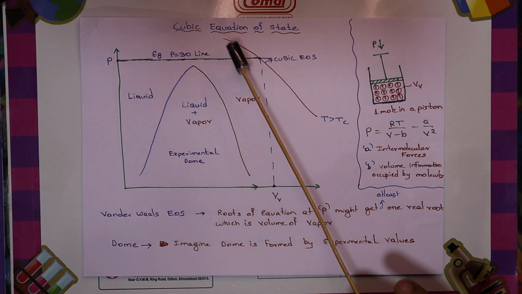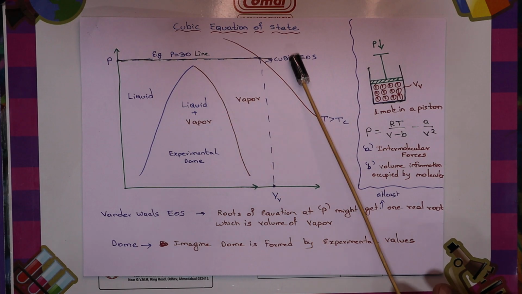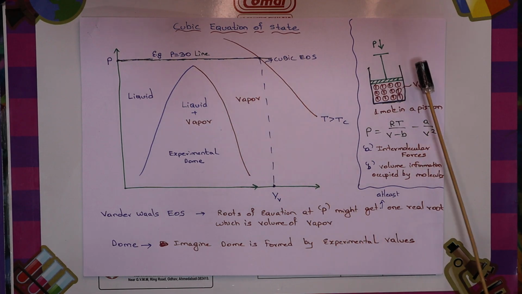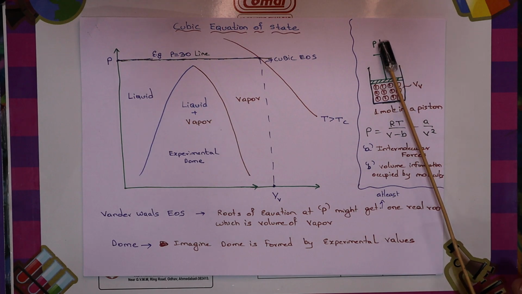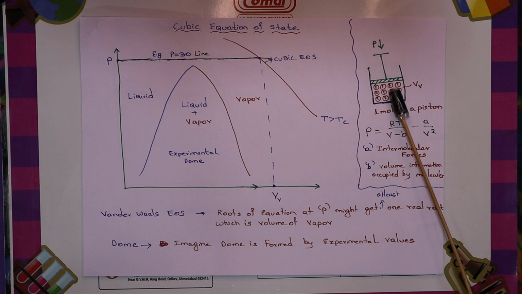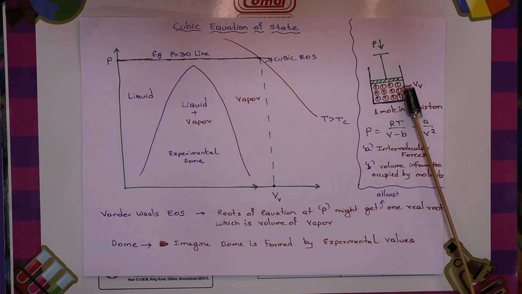Let us take an example. Let us assume that you are in a vapor phase. There is a certain amount of substance present at a certain pressure and temperature, and you are supposed to find out the molar volume of this particular substance. First of all, you need to identify whether the substance present in the chamber is a liquid or a vapor.